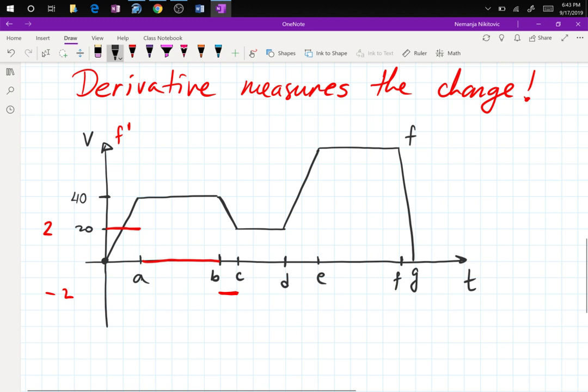Then you are hitting the again, flat. This is the time as you are driving behind this tractor or whatever it is. Your derivative is 0 between C and D again, because there is no change in your speed. Remember, derivative measures the change. If there is no change, the value of the derivative is 0.